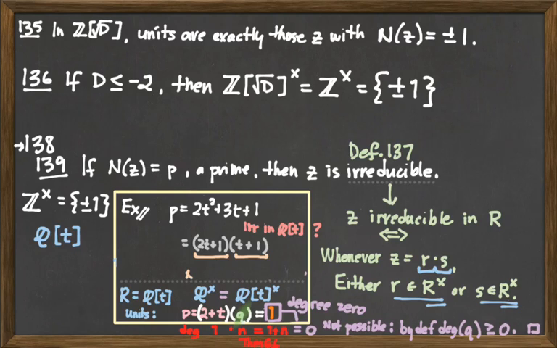They're not constants. And if they're not constants, what does that mean? Yeah. They're not constants because they have degree equal to 1, not 0, and because of the statement underneath it, right here, the only units are constants. And so if these are not constants, then they're not units.